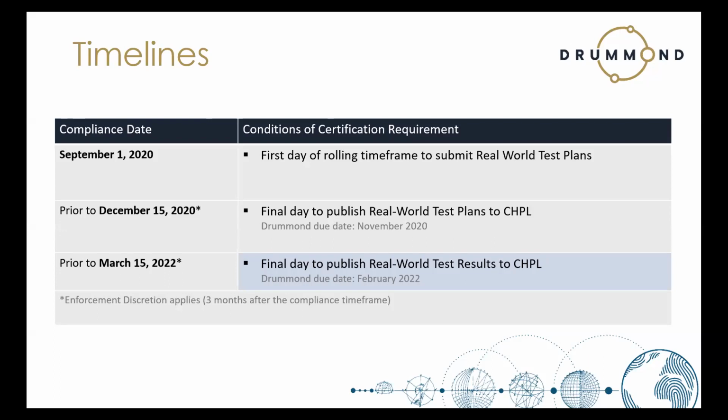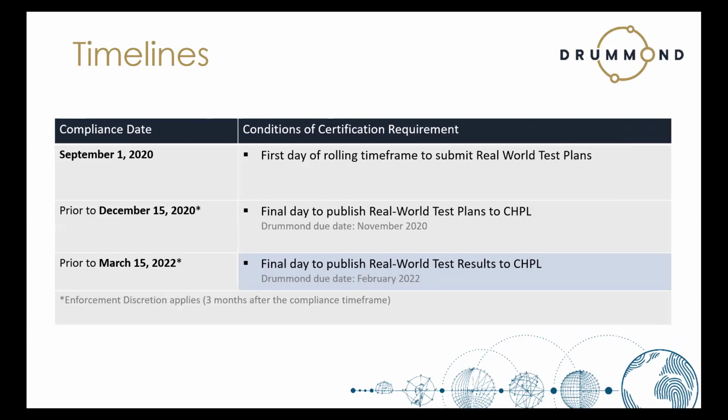Are plans and results required every year? For example, is a plan due in 2021 the same year results are being gathered? That's a good question, and the answer is yes. Yearly test plans and results are required. Let's just go by the final rule.